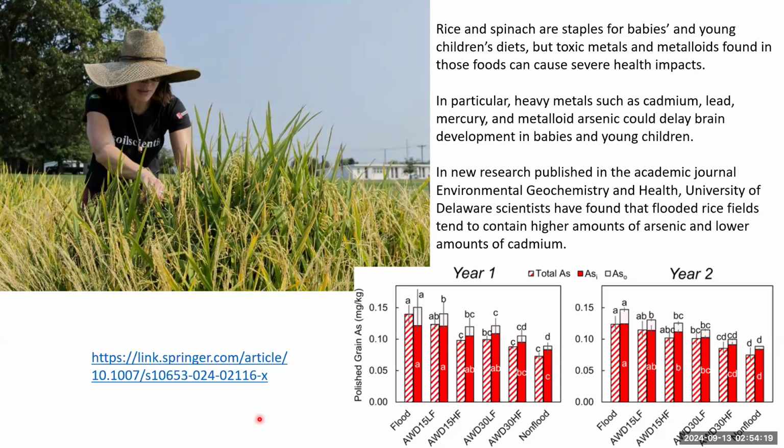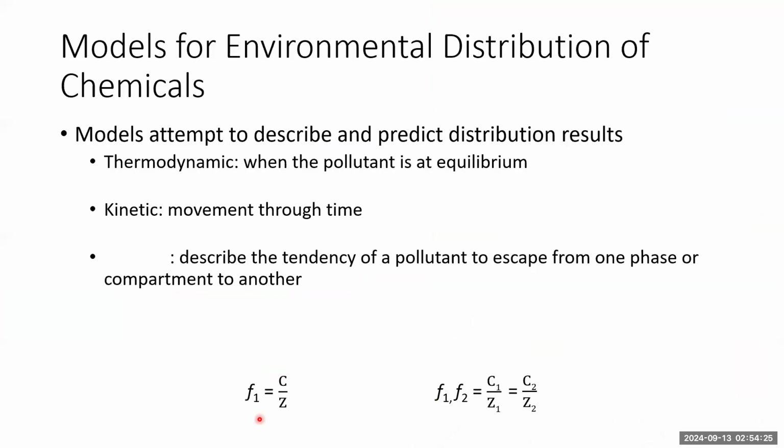All right, so we do need to be concerned about how things are going to be moving through these different pockets of the environment. And we even have a way to mathematically describe how things are going to move through the different pockets of the environment, how likely things are to move from atmosphere to soil to water, etc. We can think about things moving through different systems from a thermodynamic perspective.